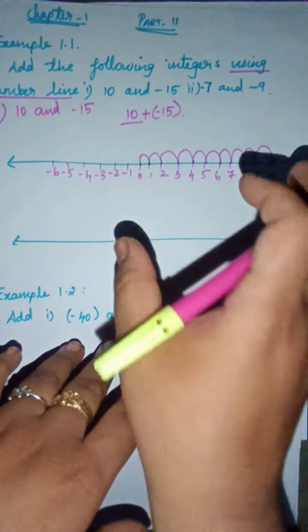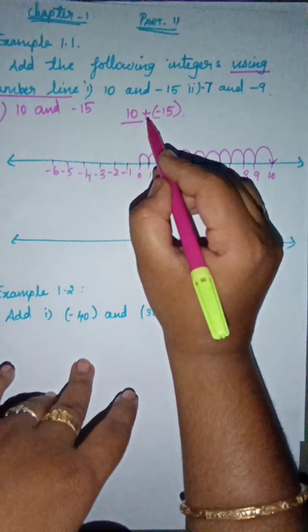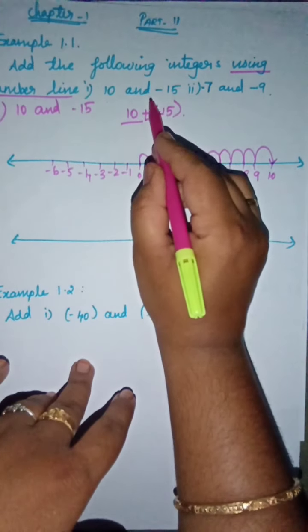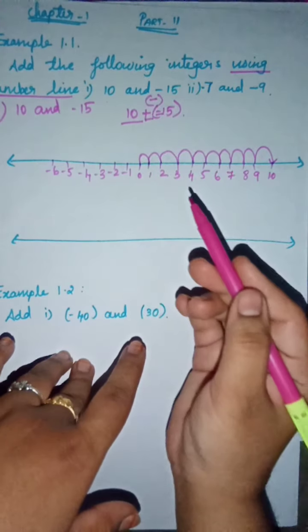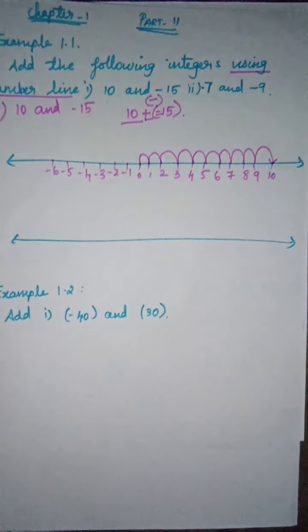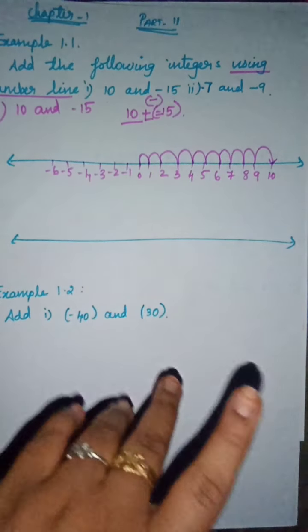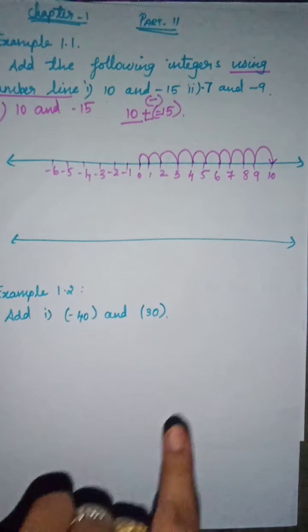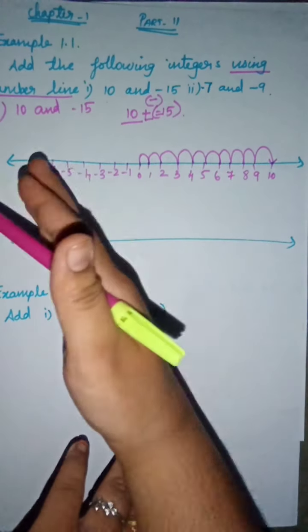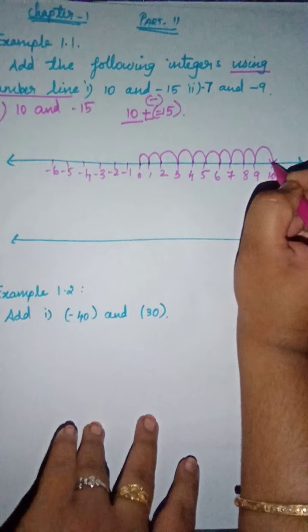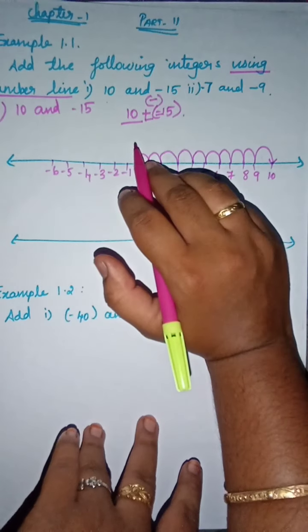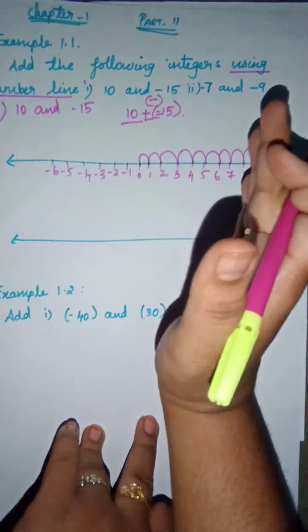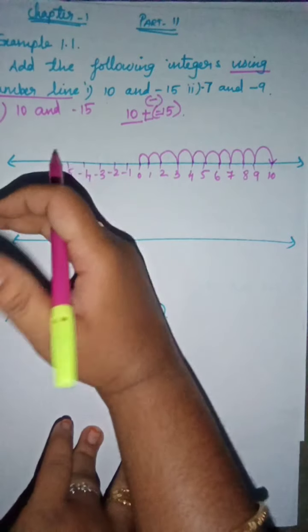Next, what is the next number they have given? Here plus, here minus. So plus into minus gives minus. So what we have to do? From the point what we have moved now, from there we have to move minus 15. So which side? Minus means it is left hand side. So we have to start from here and move 15 units to the left hand side.